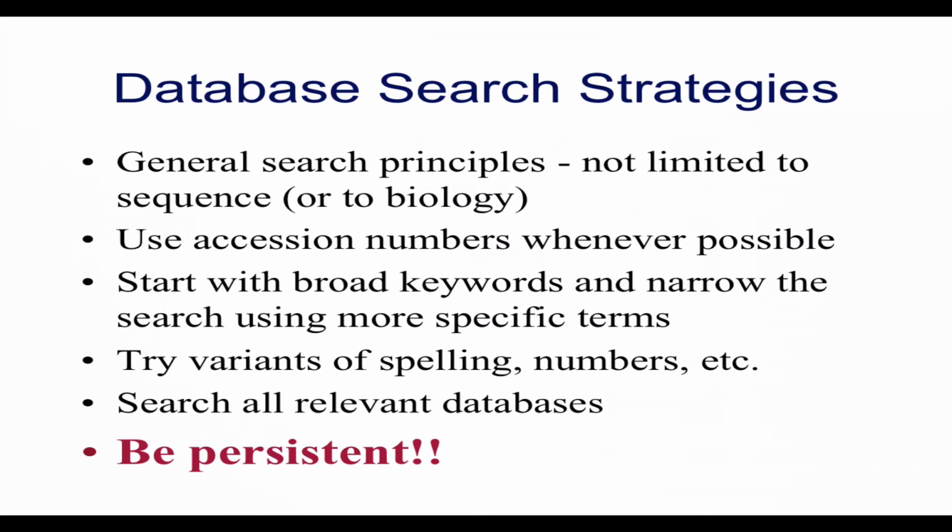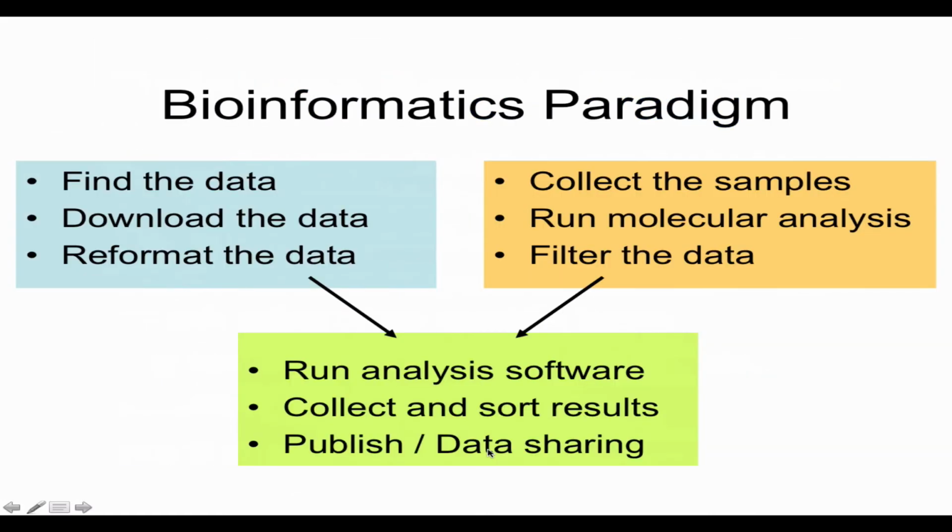Start broad and narrow by using the advanced search to make a Boolean query across several fields, limit by organism, limit by ref-seq, etc. If you have to work with names, be aware that your search is neither comprehensive nor all accurate, so you may need to try variants. Search relevant databases, be persistent.